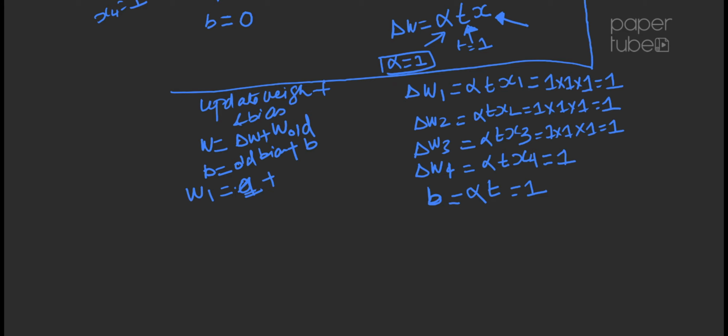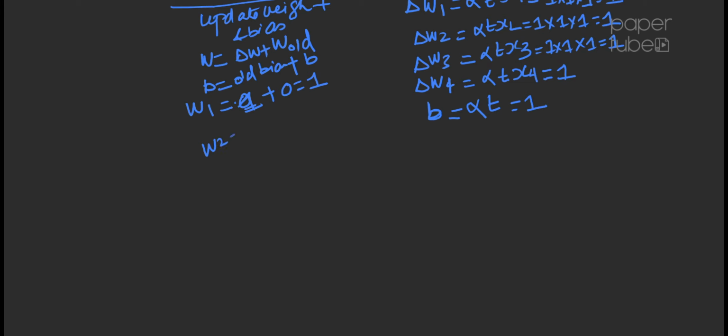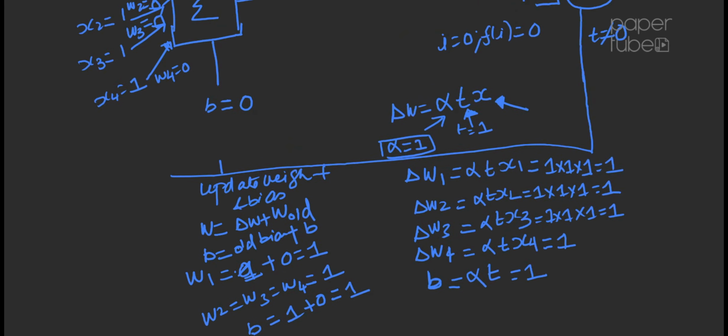The same for W2, W3, W4, all equal to 1. Similarly for bias, the new bias we calculated is 1 plus the old bias 0, so that makes 1. Once you calculate, you update the perceptron with the new weights and bias for the next set of inputs.